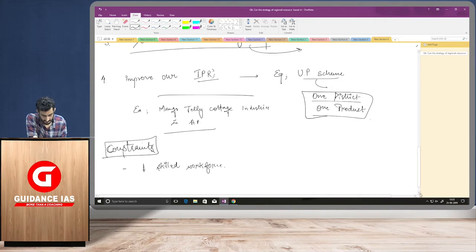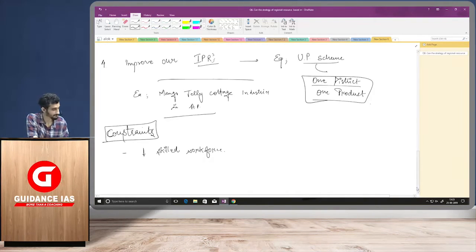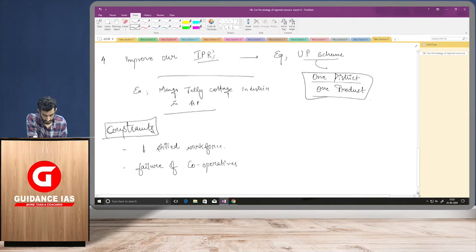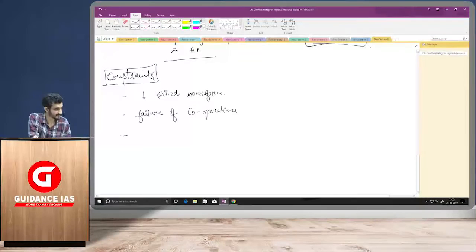The constraints can also be in the form of failure of cooperatives. The failure can also be in the form of the very high unorganized nature of the sector.